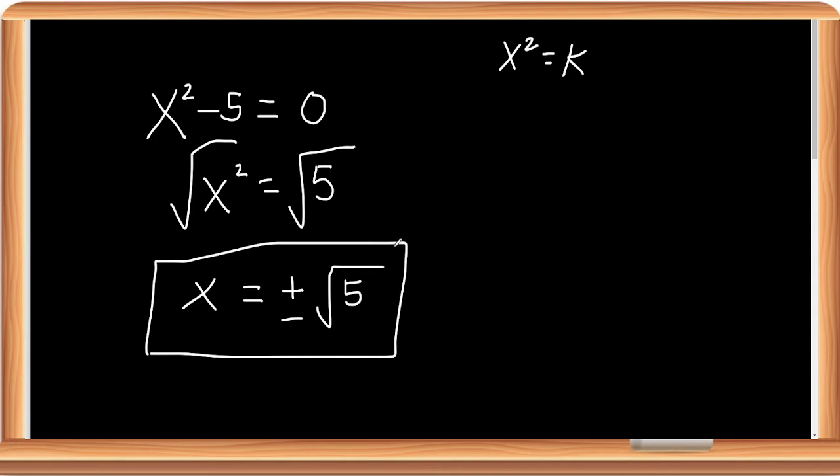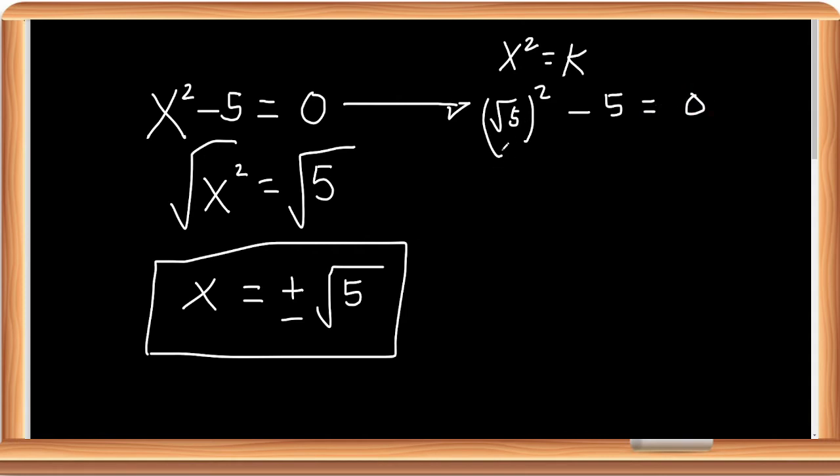Now, if you want to check if your answer is correct, just substitute it here in the original one. So, instead na x ang ilagay natin, lagay natin yung square root of 5. So, let's start with positive square root of 5. So, we have square root of 5 squared, minus 5. Is it equal to 0?